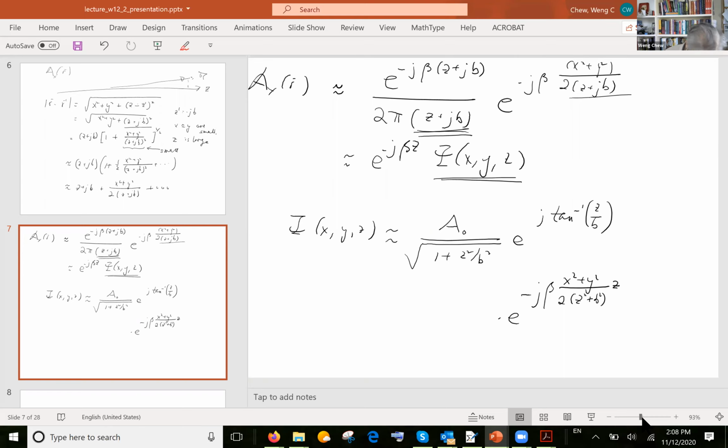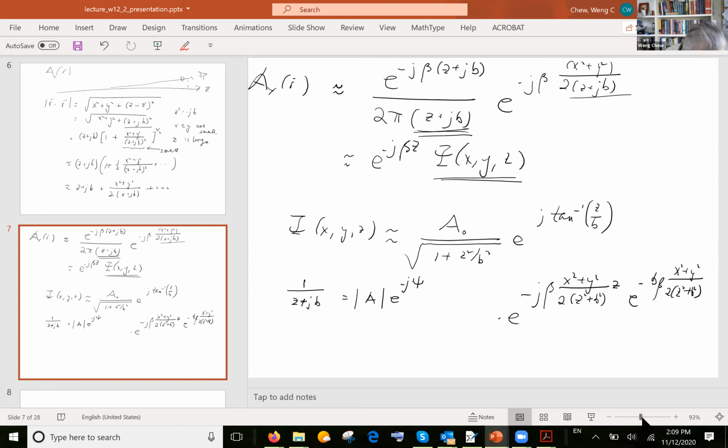And then e to the minus beta (x squared plus y squared) over 2(z squared plus b squared). Let me tell you what algebra went in here. The algebra is quite straightforward because I have this 1 over z plus jb. With complex number algebra, this can be written as the magnitude square, the magnitude of this complex number times its phase.